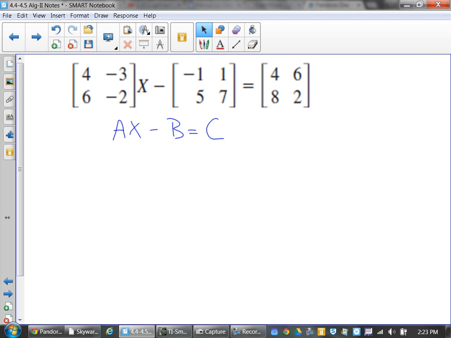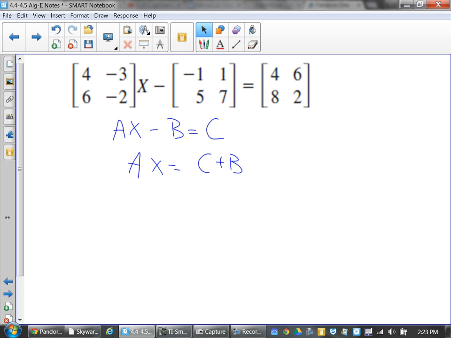Now, everybody agree here, if I do this in terms of A, X, B's, and C's, I'm going to have AX equal C plus B. Matrix-wise, right? Addition doesn't matter because you're just adding the entries. In multiplication, yes, it makes a big difference.